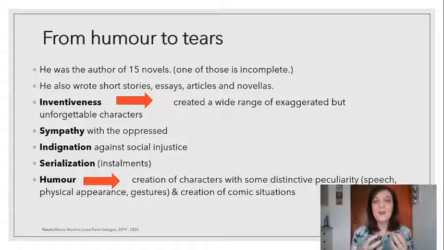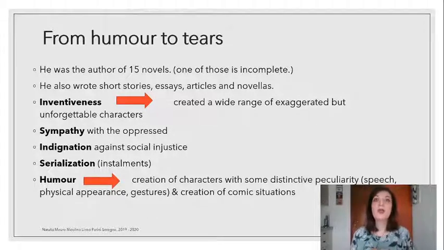So his sympathy with the oppressed was really very strong, and people liked it because he never felt like a person who judges the other, but he understood the others. He understood how the things went on.